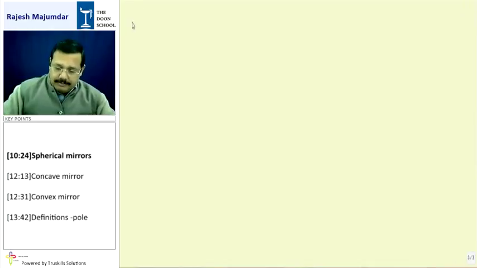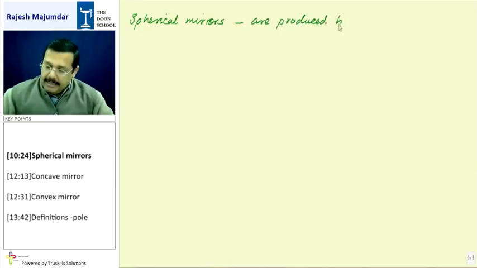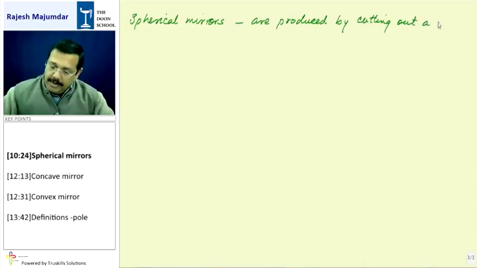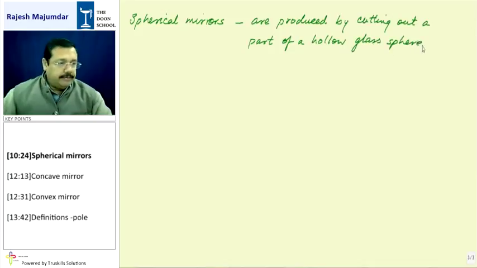Spherical mirrors are produced by cutting out a part of a hollow glass sphere.